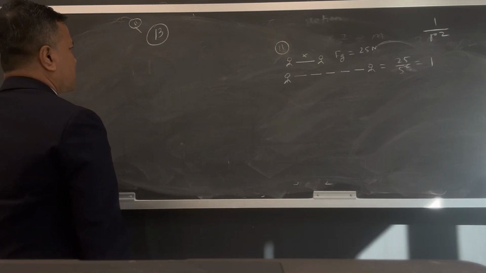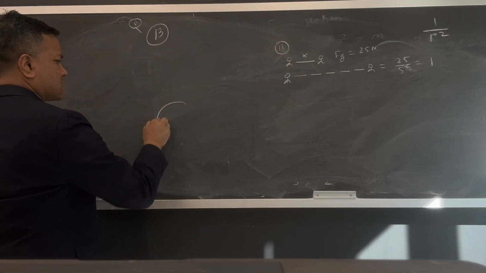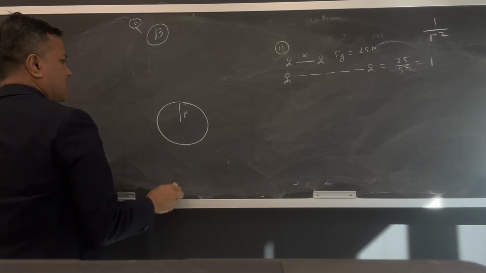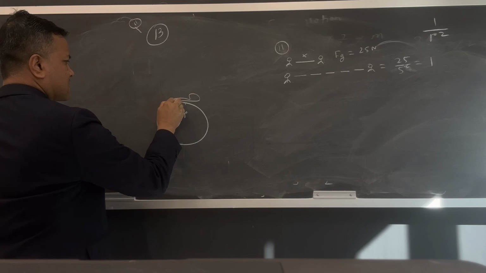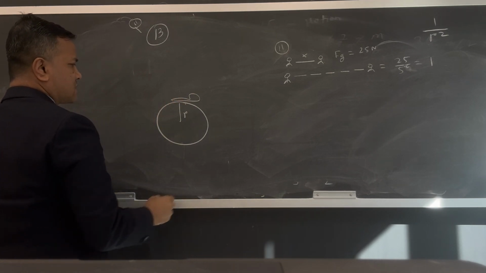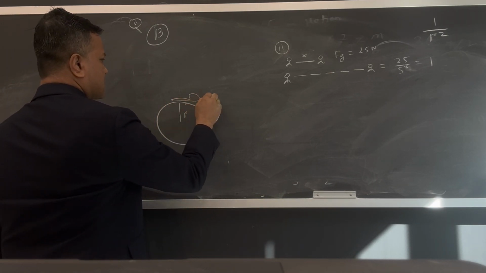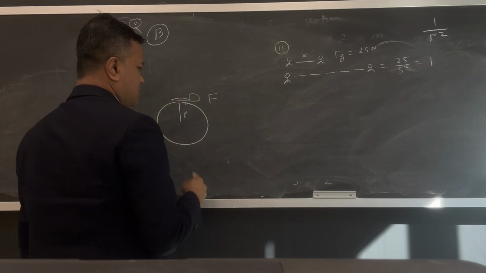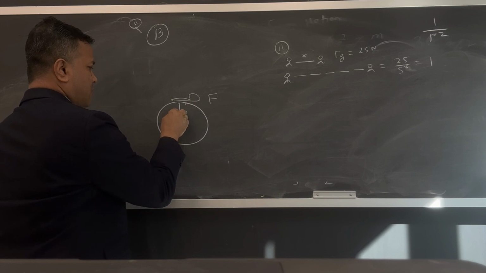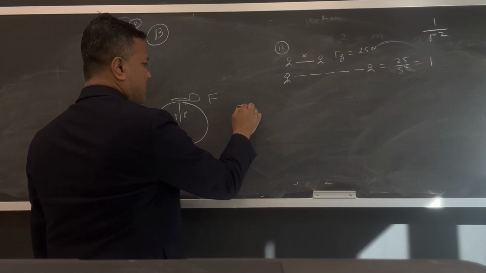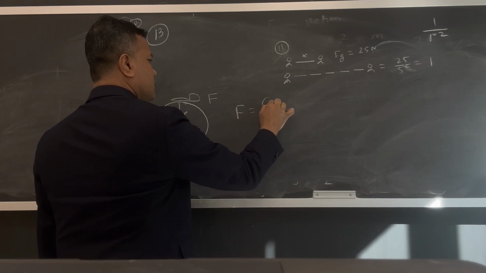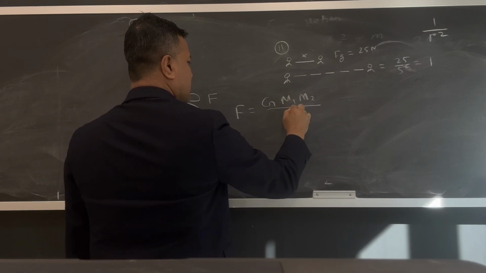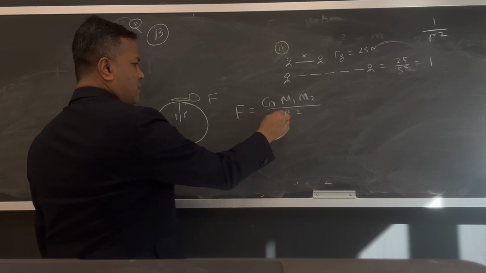Now let's do 13. So this is Earth. There is a radius r, and there is a satellite. The force acting on this satellite is F, and this is r distance away. So this is 1 radii away. So let's solve the problem. F is equal to G m1 m2 over r squared. Now let's put 1 over here.